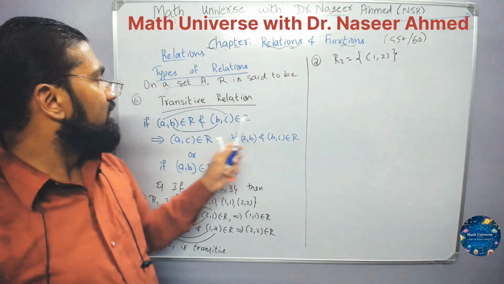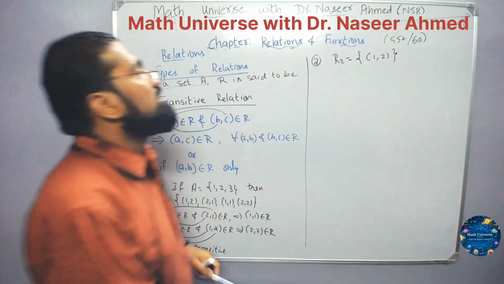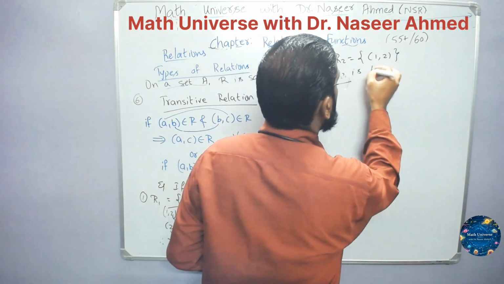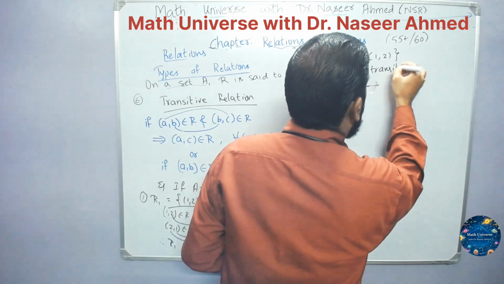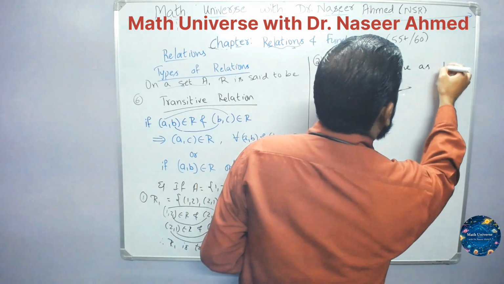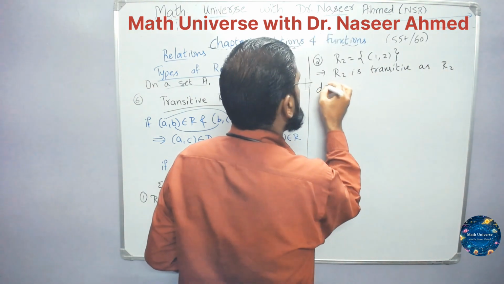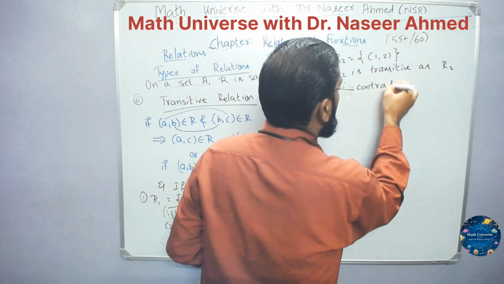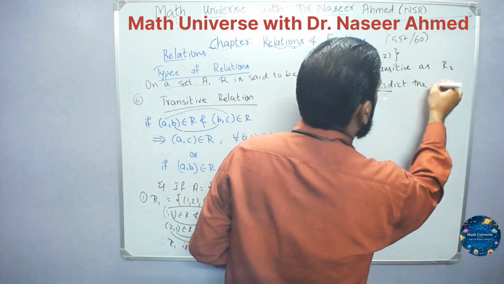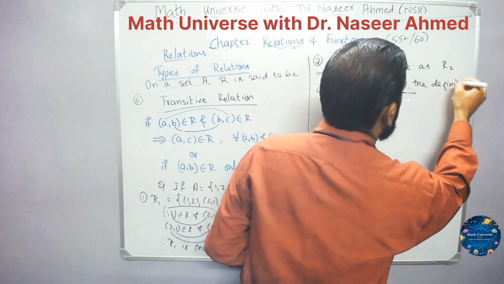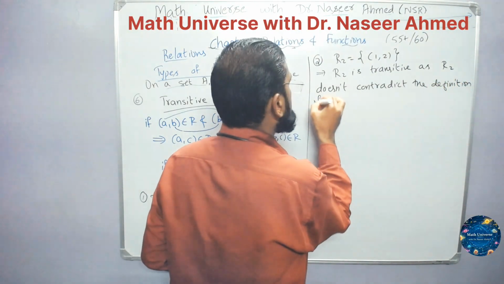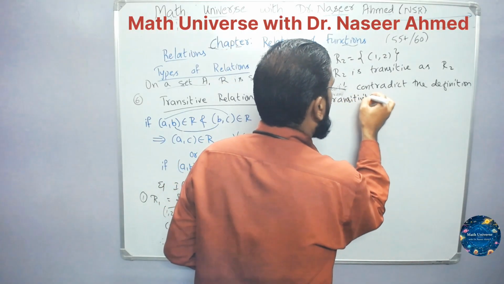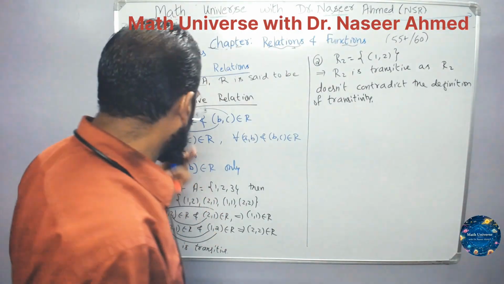We don't have (B, C). So this implies R2 is transitive as R2 doesn't contradict the definition of transitivity. Okay, I hope this point is clear.